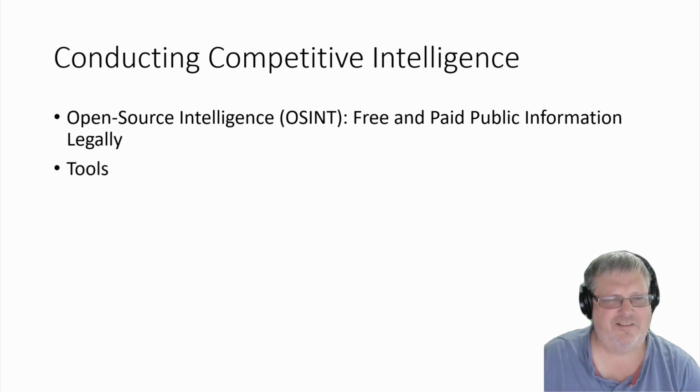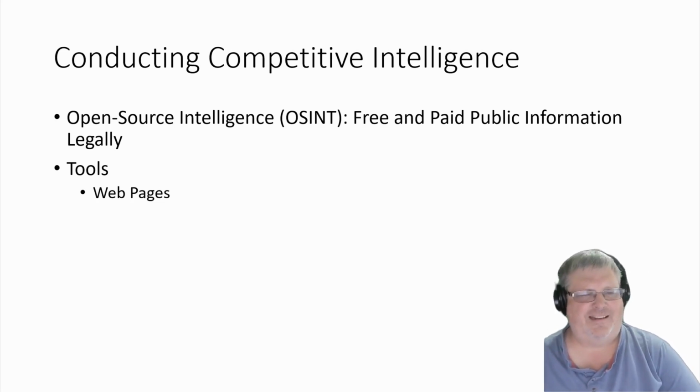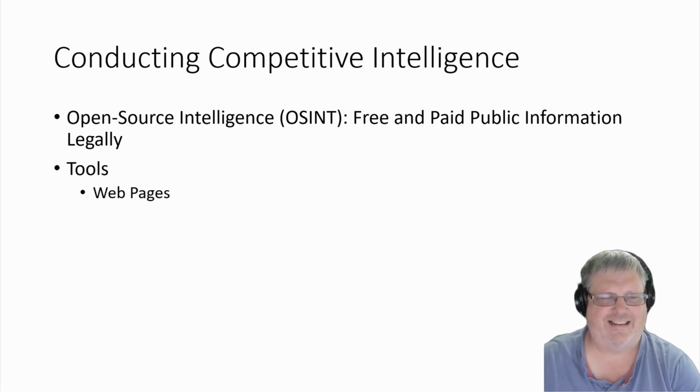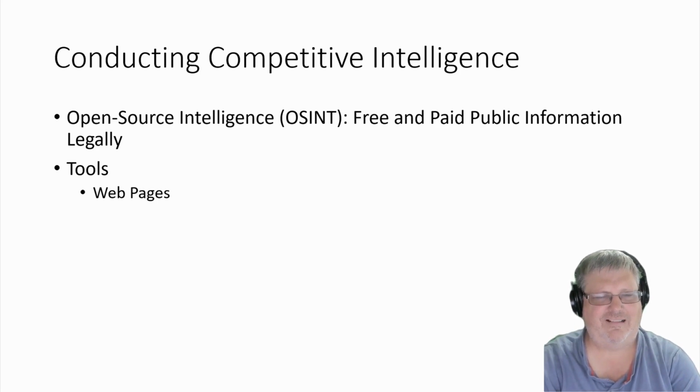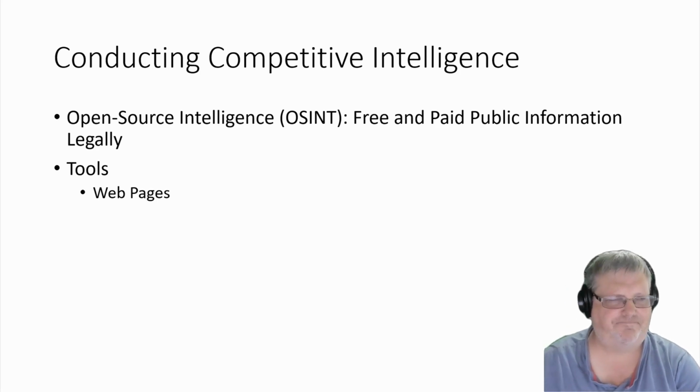There are several tools that you can use. You can use web pages to find out employee information and find out who's in charge. Find an organizational chart for the company.